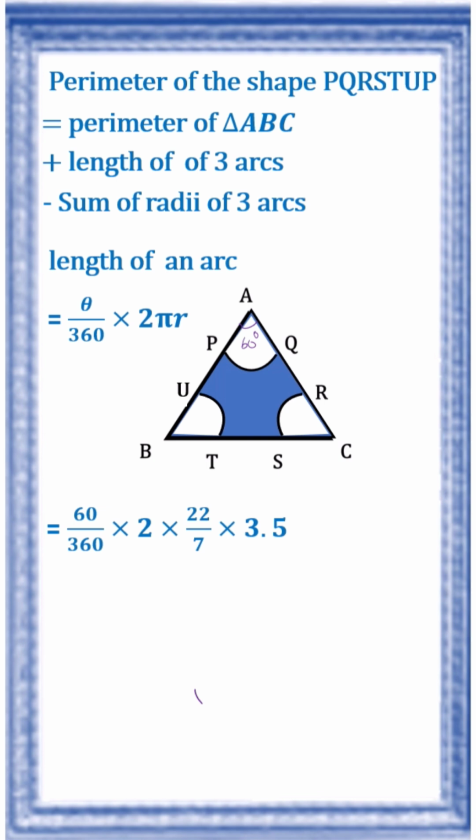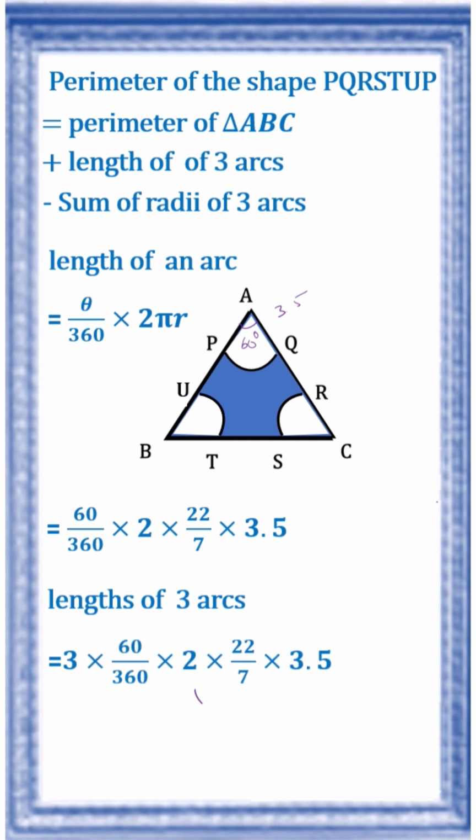Radius is 3.5 centimeter, isn't it? Now we have to calculate the lengths of three arcs, means 3 into 60 by 360 into 2, 22 by 7 into 3.5.